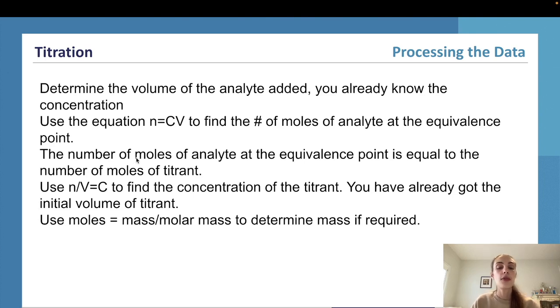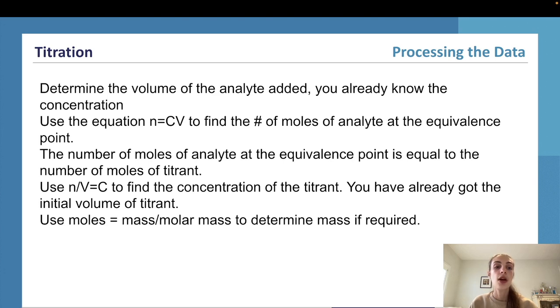And so the number of moles of the analyte at the equivalence point is going to be equal to the number of moles of the titrant. And so this is because we know that we have the Henderson-Hasselbalch equation, and that tells us that pH equals pKa at half equivalence.